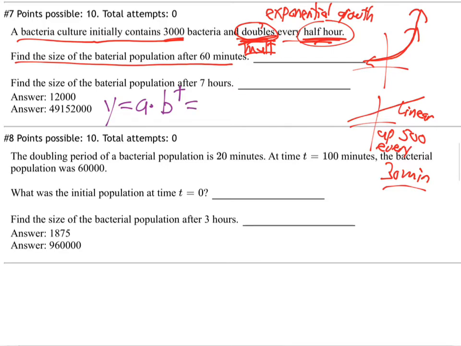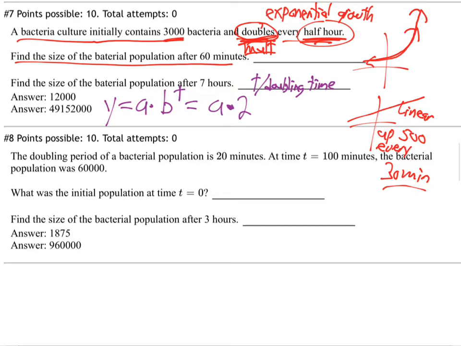It's always going to be a times b, and the b will be 2, automatically. The b will be 2, and the time will be t divided by the doubling time. So there's the setup.